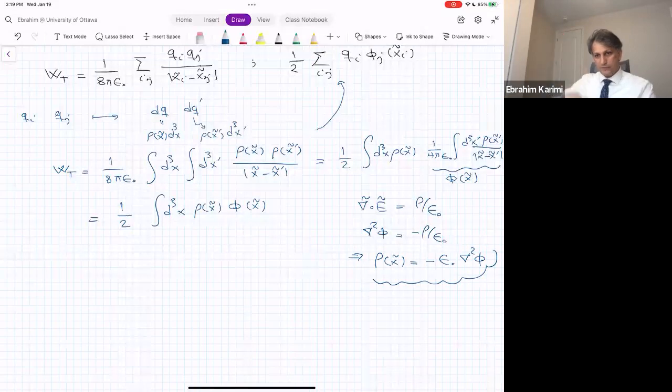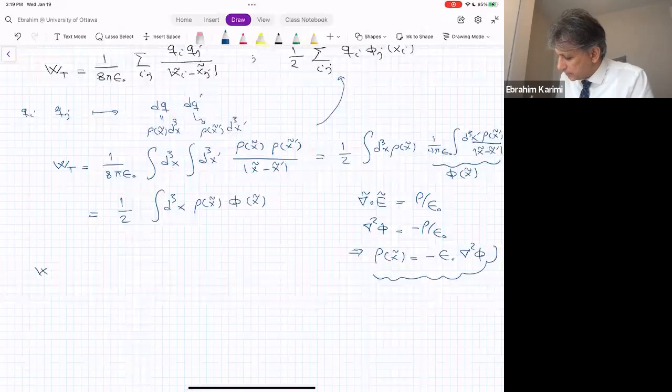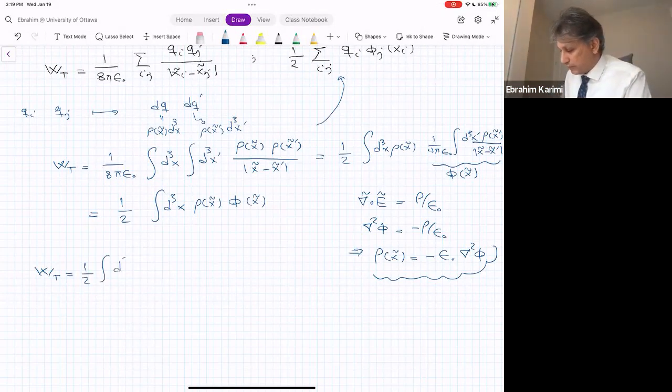All right, perfect. So now replace it in the total work that we have for a charge distribution. If you have a charge distribution on, I don't know, a sphere or on a free-form shape, then I will get 1 divided by 2 integral of d3x rho of x phi of x.